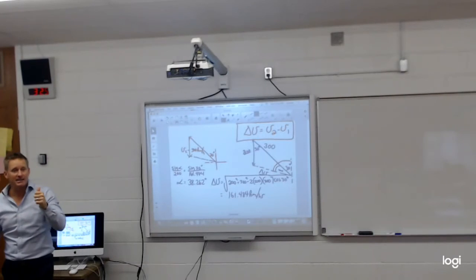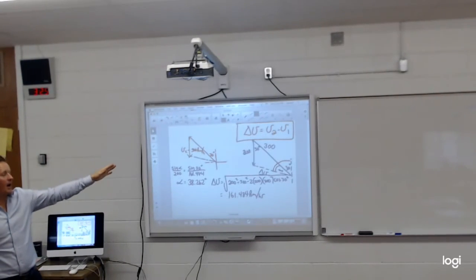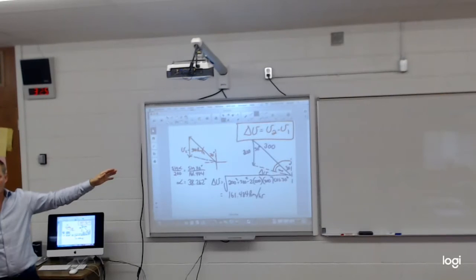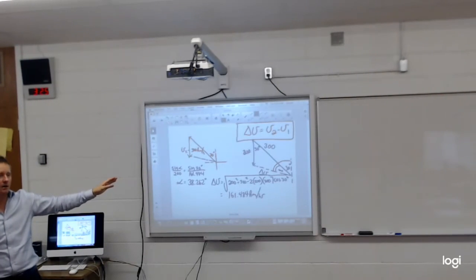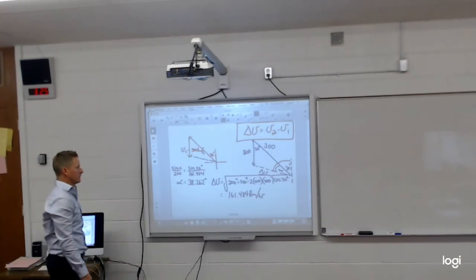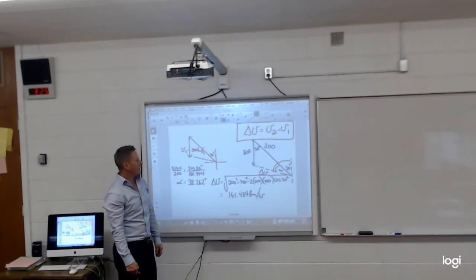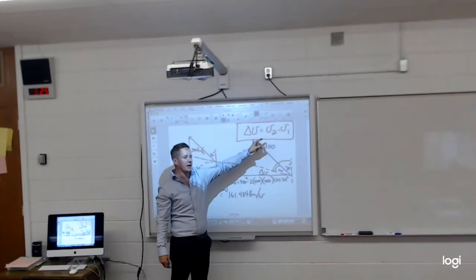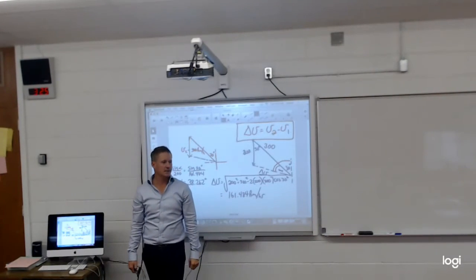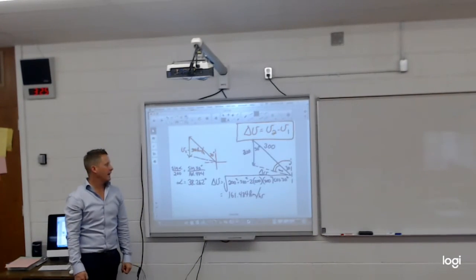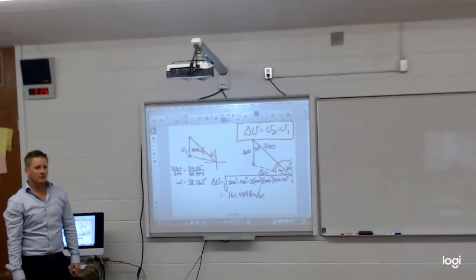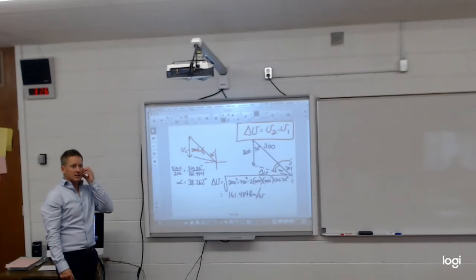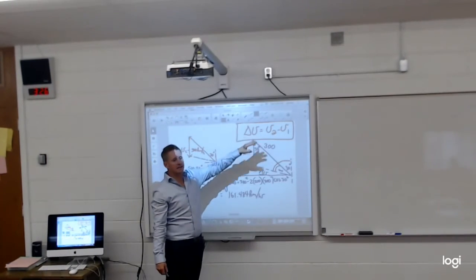The only thing it's telling you is I want to use a negative 200 north. Somebody's going to do it. I guarantee it. It happens every year. No matter how many times I tell you. I draw my V2 first because the equation tells me to. And then I did an opposite for the V1 because it's a negative. That's why this is a guide to tell you how to draw.